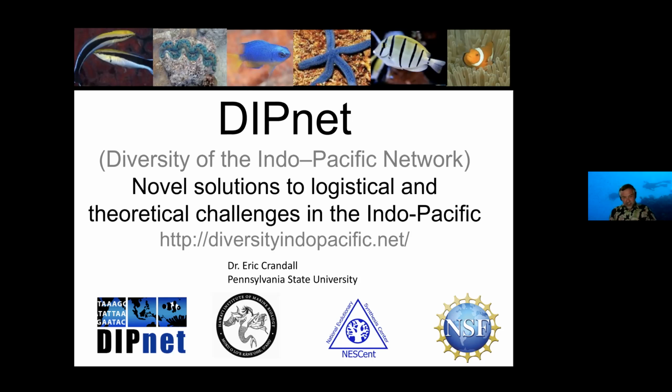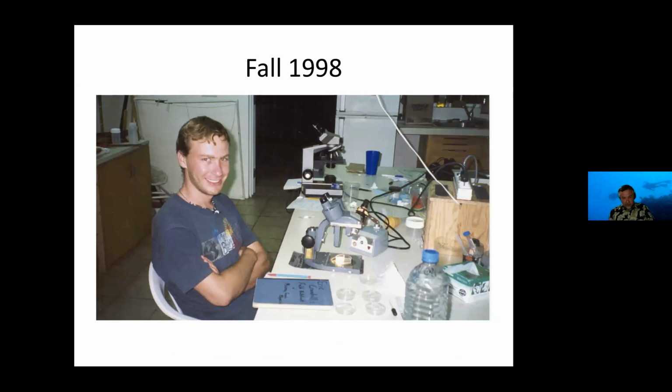Okay, so I am going to be talking about what we've done with this DipNet RCN. Just start off with a picture of me as an undergraduate at UC Berkeley. This is me at the UC Gump Station just south of you in Moorea. And what I'm looking at through the microscope, I actually worked with Richard Emlet and Amy Moran up at OIMB the summer before, and I got really into larvae.